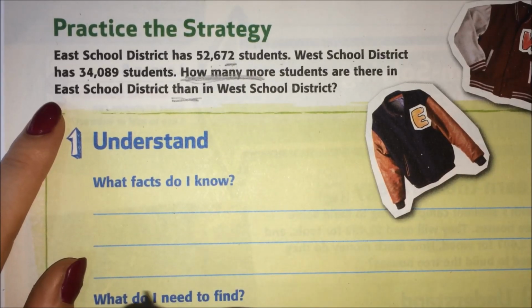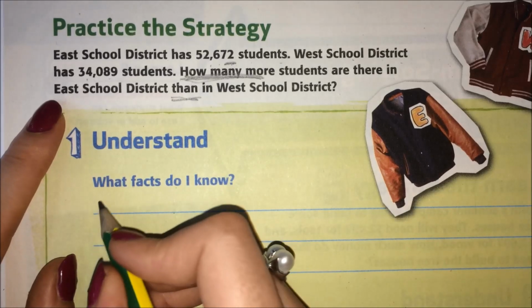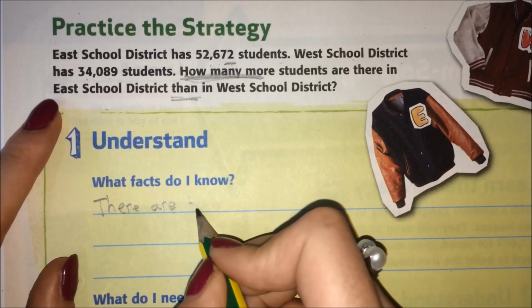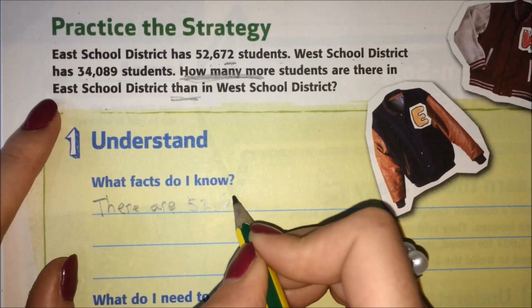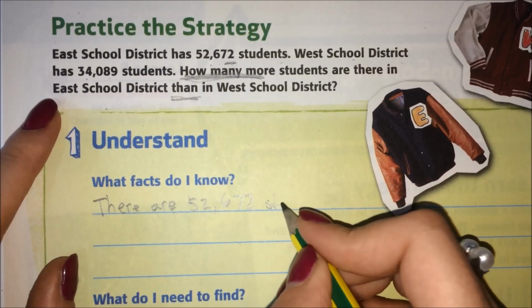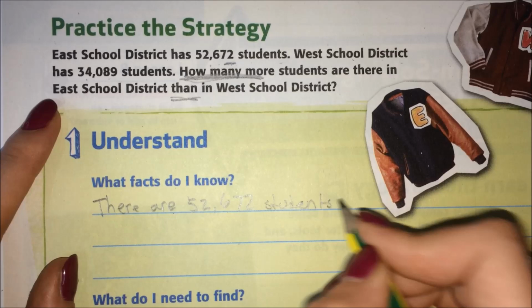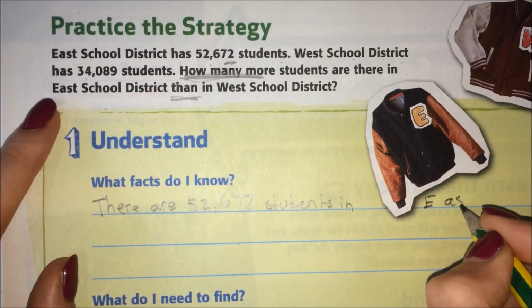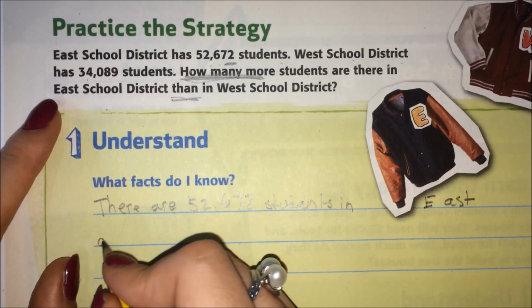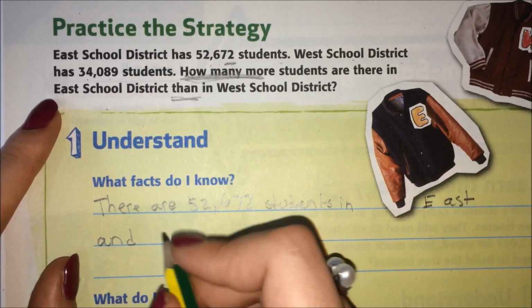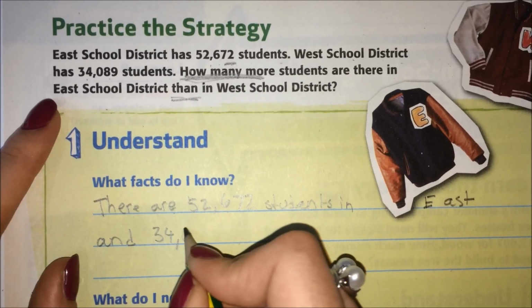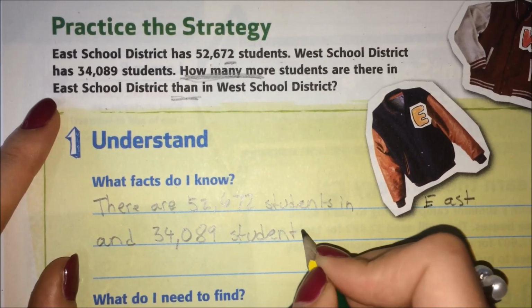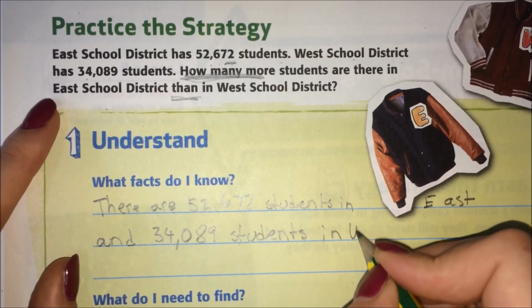What facts do I know? I know there are 52,672 students in East and 34,089 students in West.